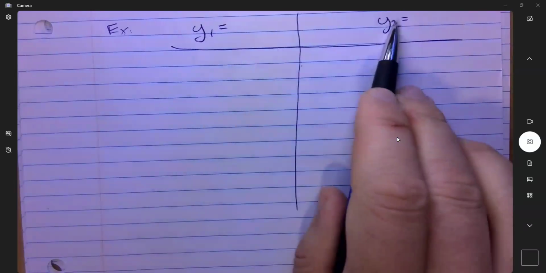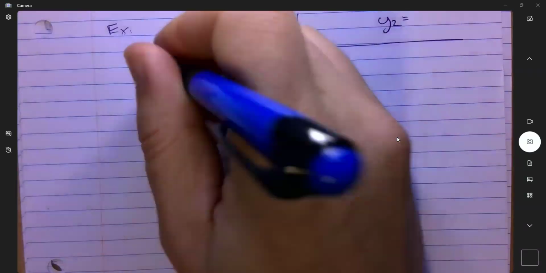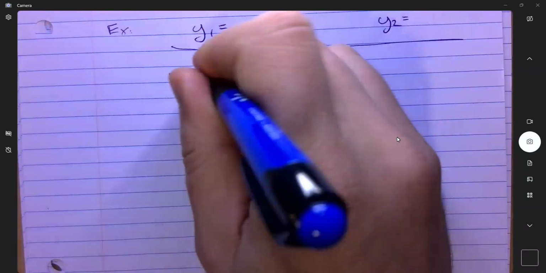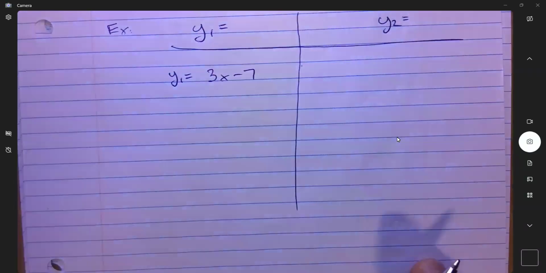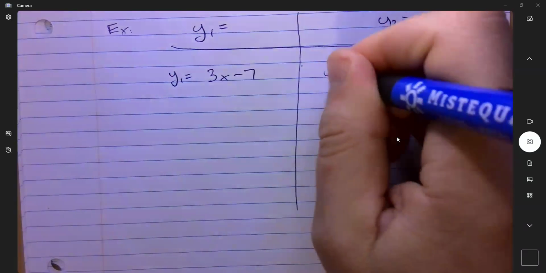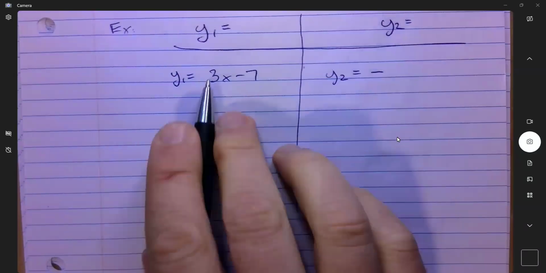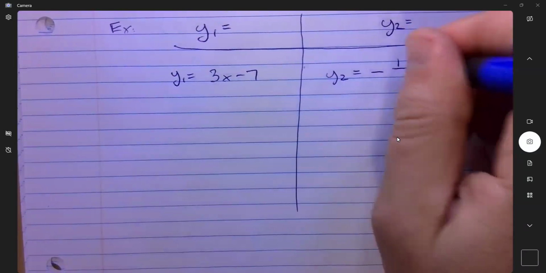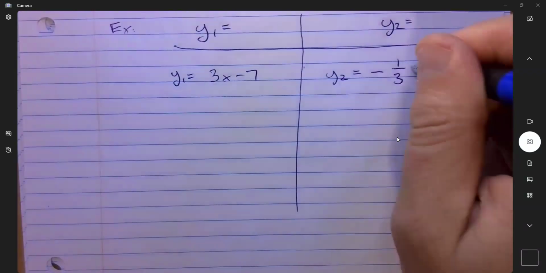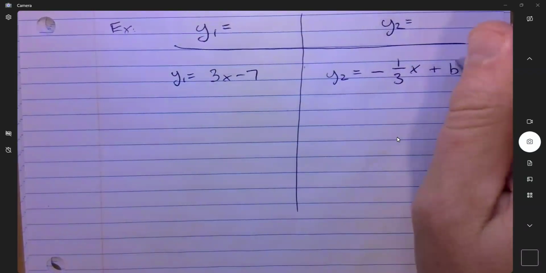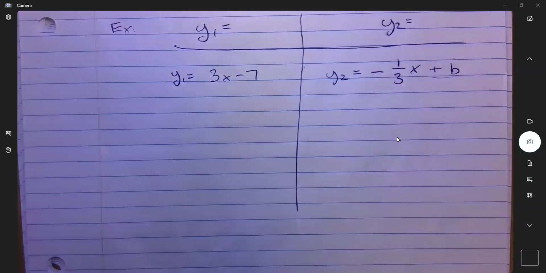I can only write out the slope for y2. So if y1 equals 3x minus 7, then y2 has to equal the opposite, which is a negative, and the reciprocal of 3 is 1/3 x plus some unknown y-intercept.